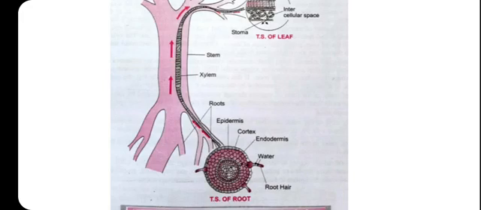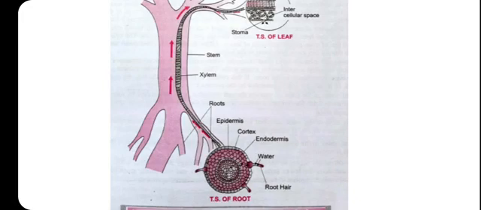Now ions will move into the epidermal cells. So their concentration of ions will be high and low water potential will be created. So water potential is low now. In the outside area there is high water potential. So the water will also go into the root hairs by the process of diffusion.